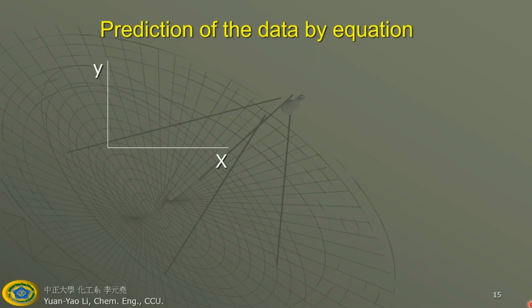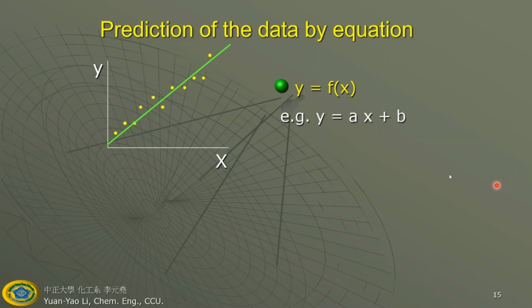For example, if you plot like this, you might say, well, this looks linear, so I have a line. You can do this, right? Okay, so that will be y equal to a function of x. So x is related to y. That's why we call it y equal to function of x. Okay, so this is linear. So y equal to ax plus b. That's what we all know.